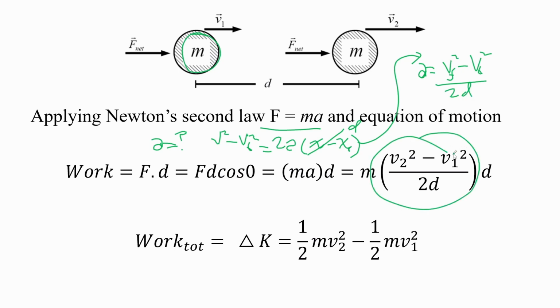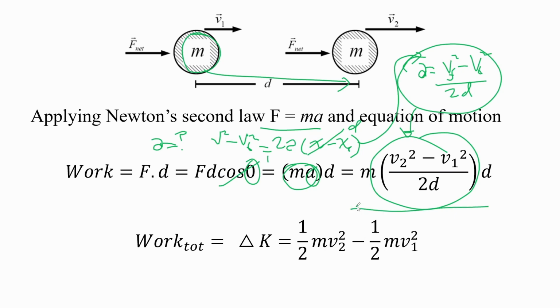So work from the expression F dot d is equal to Fd cosine 0. Why 0? Because the angle between the force and the displacement is 0. So cosine 0 gives you 1. So it's just Fd. Your F is just mass times acceleration, but your acceleration from the equations of motion is given by this one. Substituting that here, you get this expression.